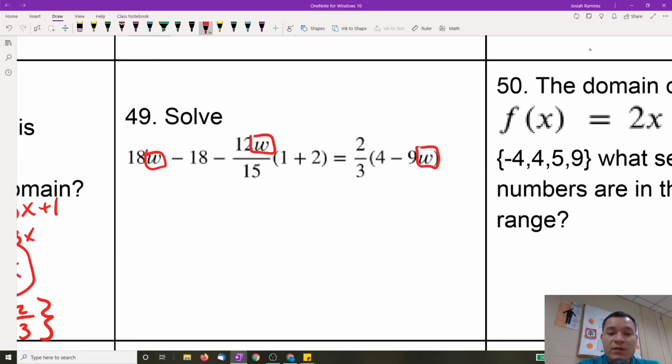The first thing I want to do is simplify this parentheses. That's a 3. And let's reduce the 12 over 15. 12 divided by 15 is 3/5. No, actually, it's 4/5. And then we'll copy everything else.